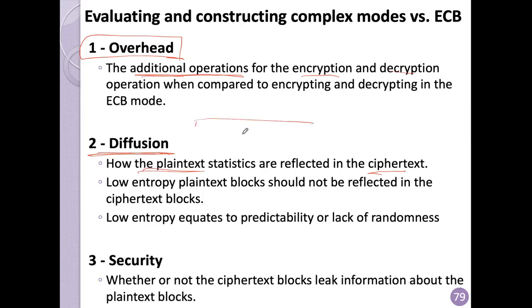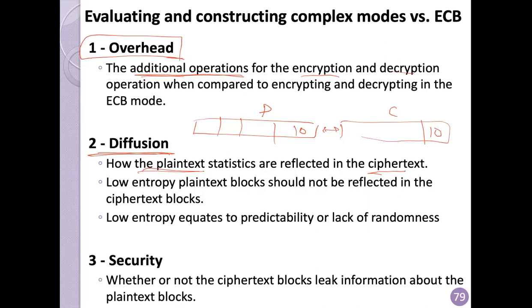Let's say we have 10 blocks of data; how the 10 blocks of plain data are related statistically to the 10 blocks of cipher data. They should show a good independence. There should be a statistical independence between them.